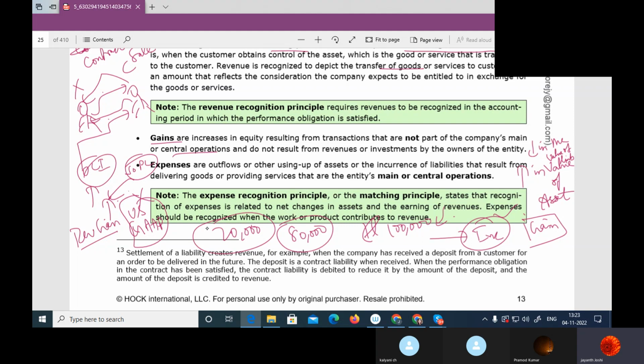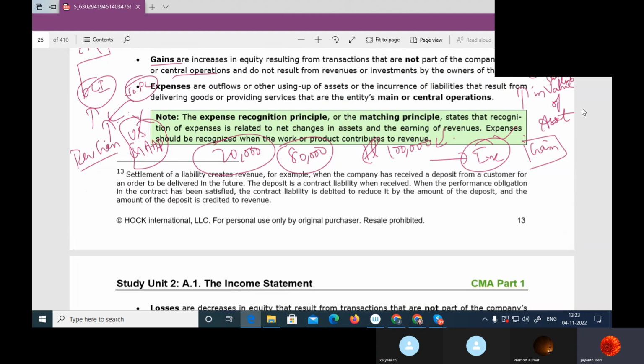And what do we say about expenses? See, I will tell you: every expense is a cost, but every cost is not an expense.